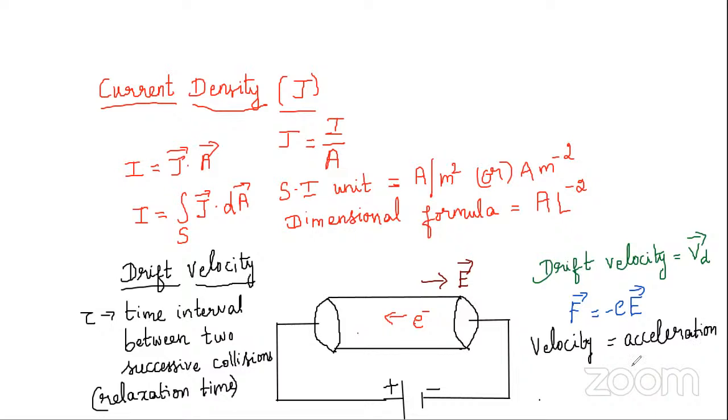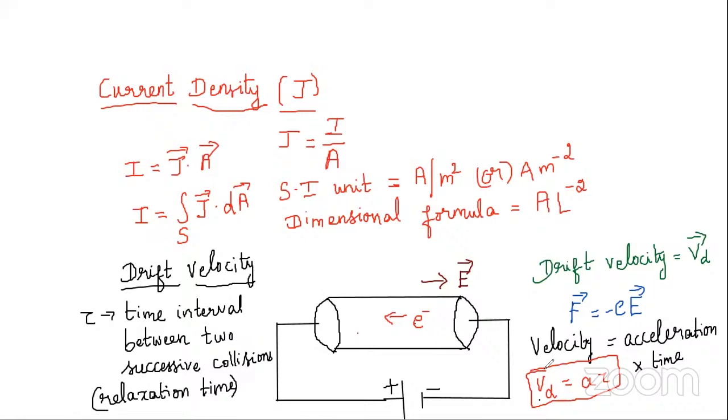So for calculating the drift velocity, Vd is equal to acceleration into this relaxation time. Vd equal to a into tau.